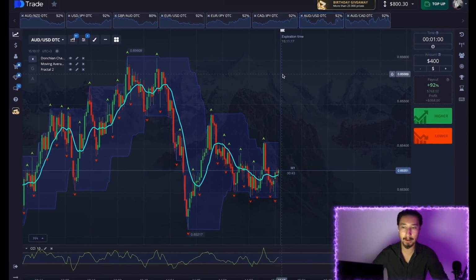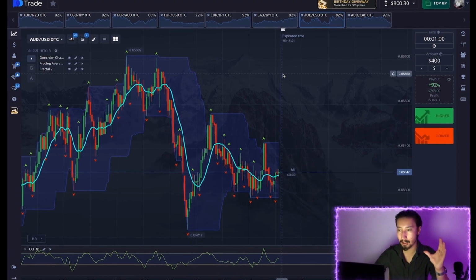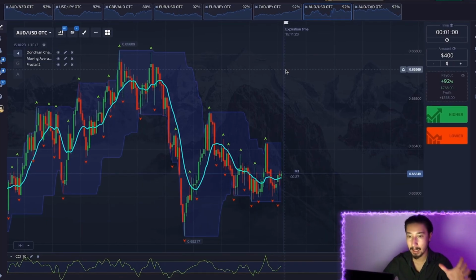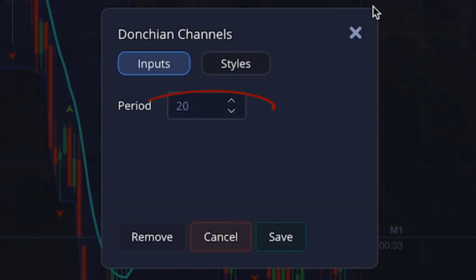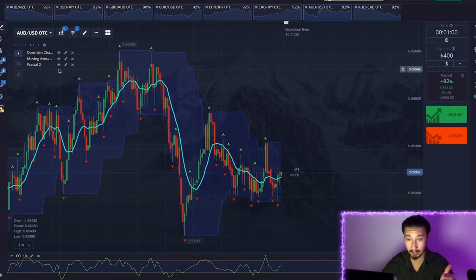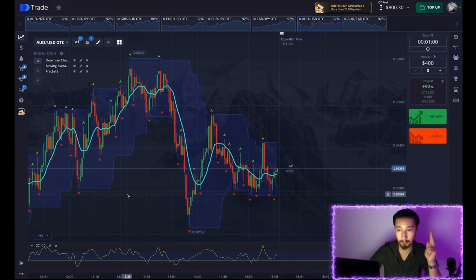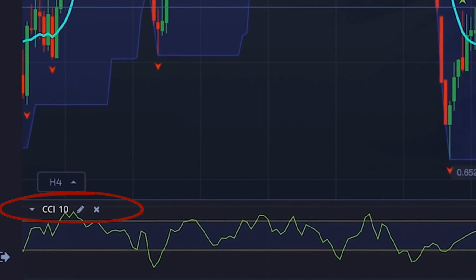Today the movement is quite difficult for me, so I had to select a fairly large number of indicators. Today we're analyzing the Donchian channel with a period of 20, weighted moving average with a period of 15, a fractal with default settings, and CCI oscillator with a period of 10.